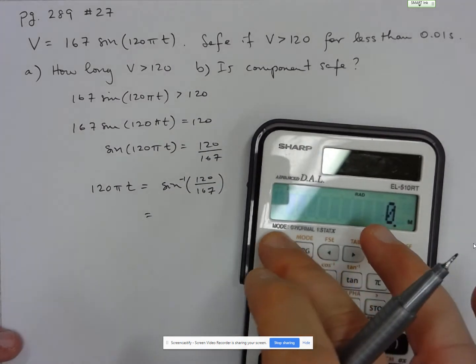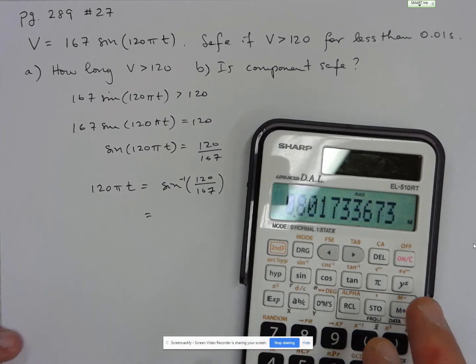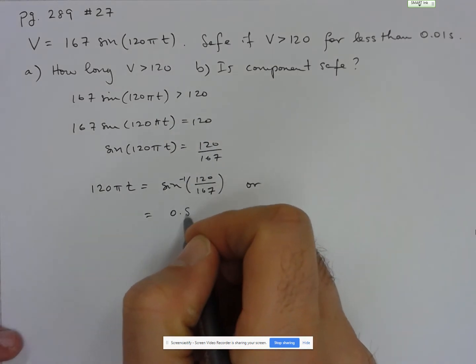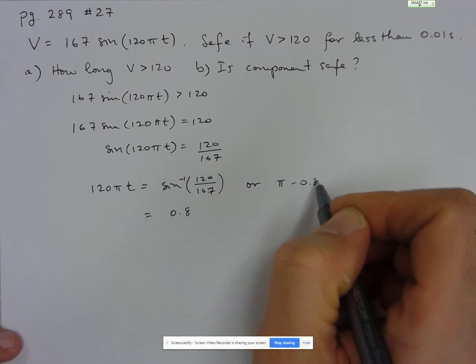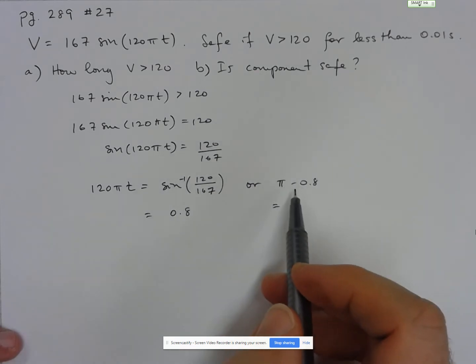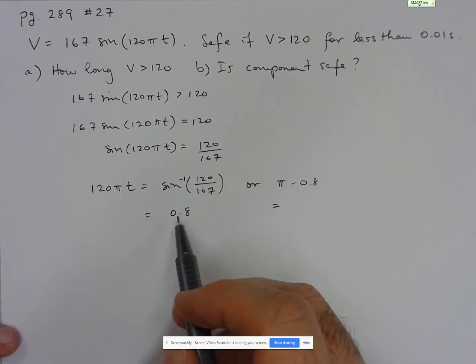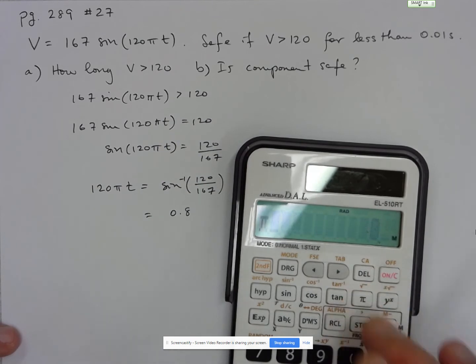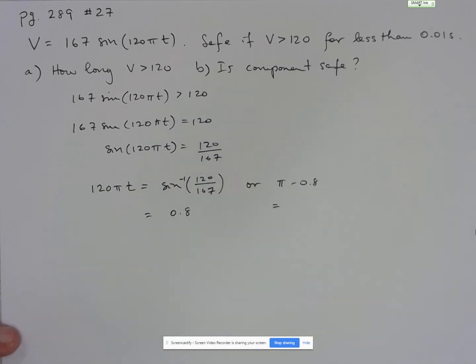So we have sine inverse of 120 divided by 167 is equal to 0.8. Okay, 0.8. And the other one is going to be given by pi minus 0.8, because that's the related angle identity for the sine ratio. So we've got pi minus 0.8, and that's 2.34.